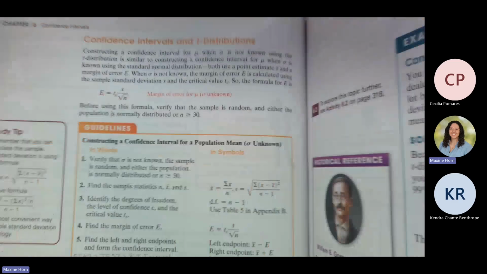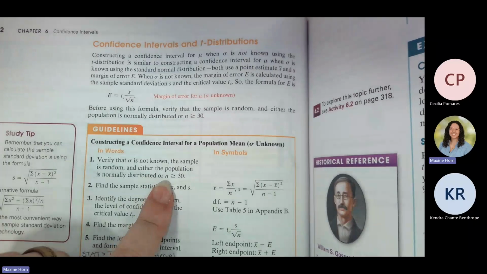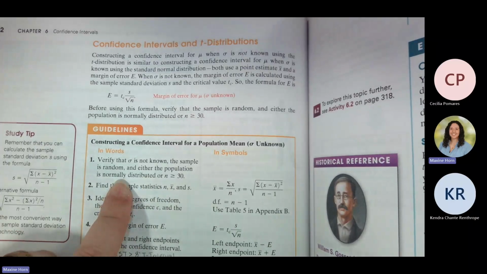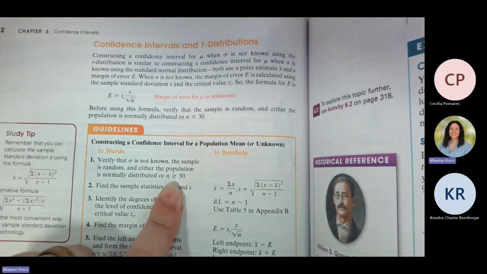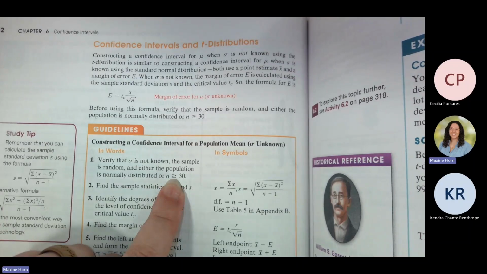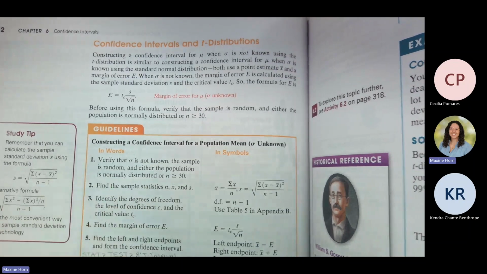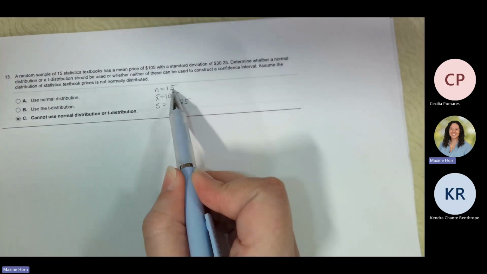Check. And then again, we have to meet one of these two criteria. Either the population is normally distributed, or if it's not, we need to have a sample size greater than or equal to 30. Or other way around, either the sample size has to be greater than or equal to 30, or if not, that's okay, as long as it's normally distributed. So our sample size is not greater than or equal to 30.